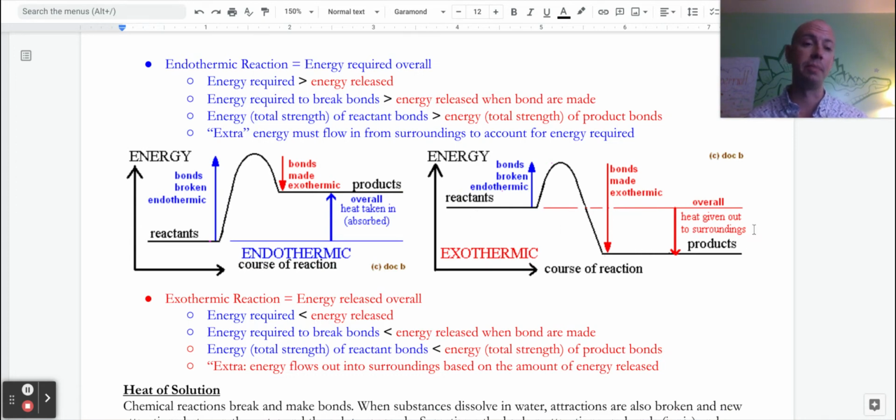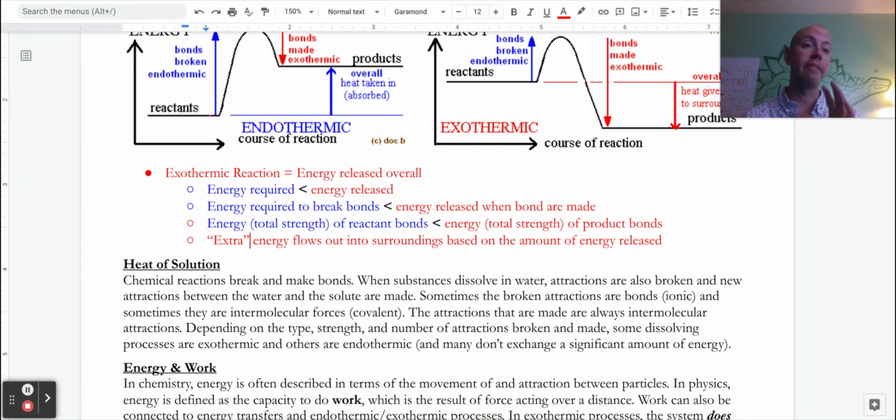Overall, from start to finish, though, our delta H, or our heat, is negative. So here, and we'll see this later, positive and negative in terms of our changes in energy or changes in heat. So the extra energy in both cases is either flowing in or flowing out. And in that case, we're just talking about the difference between the two.